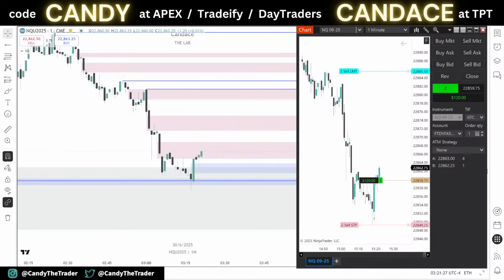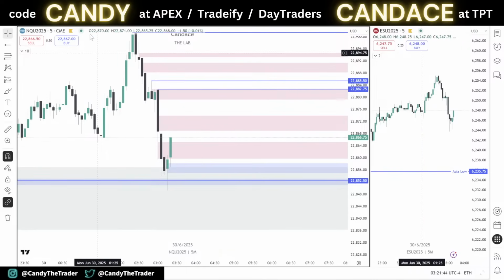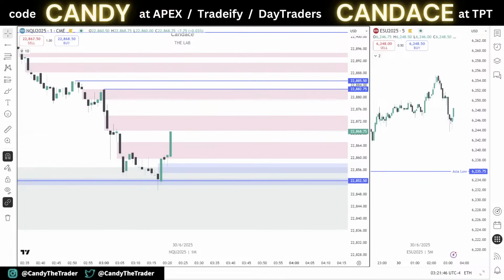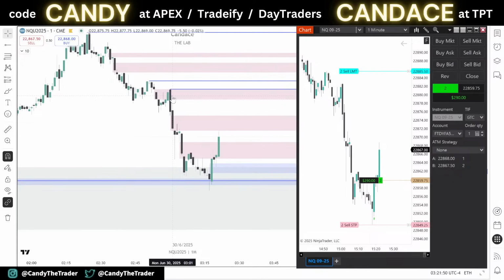So I get in. It's around 10.5 point stop loss. So we'll see. The reason I set it here is because we got a 5 minute order block here, so I think price maybe can pass through the 5-minute order block. So I set it there.